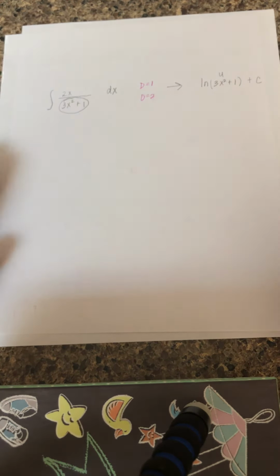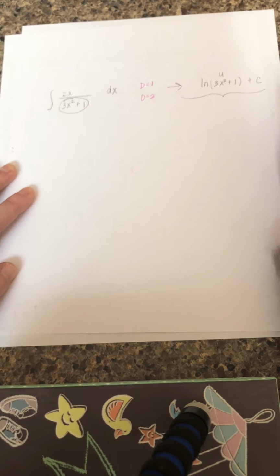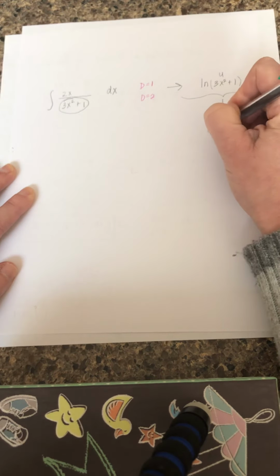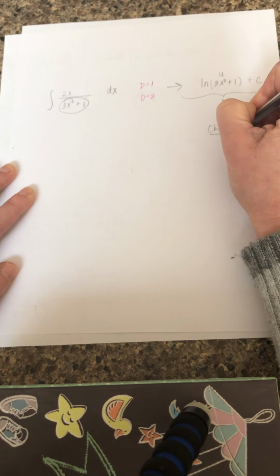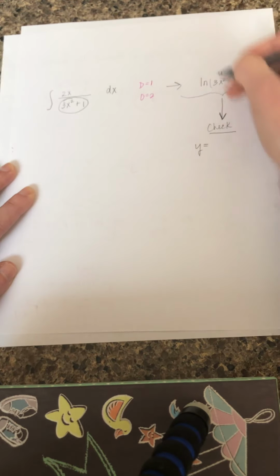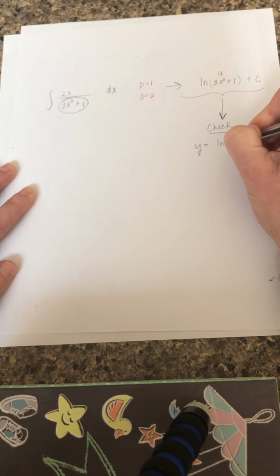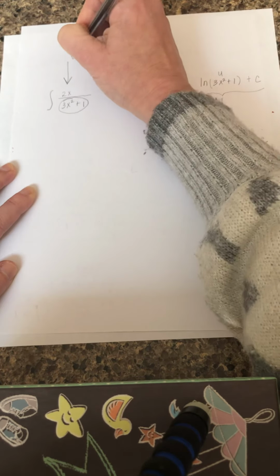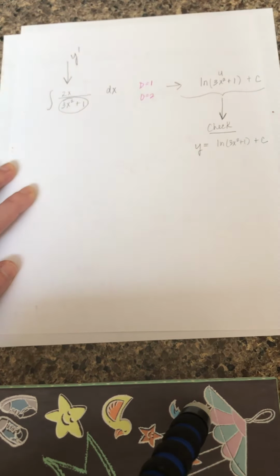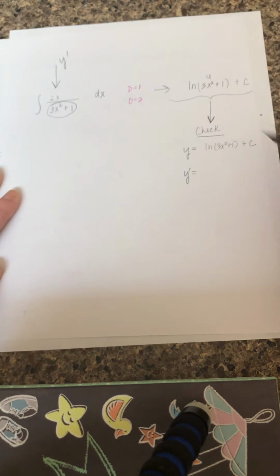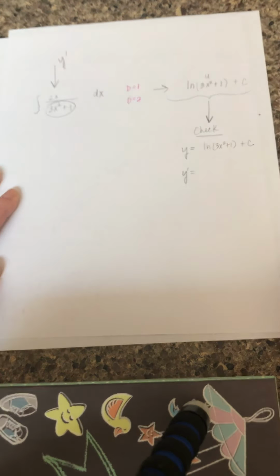Okay? But then we're going to be very careful. And we're going to say, I'm not satisfied that this is the perfect answer. And we're going to check, right? Currently, we are suggesting that this is the original function, right? And we know that this right here is supposed to represent our y prime. So let's see if we're spot on or if we do have to adjust this answer a little bit.